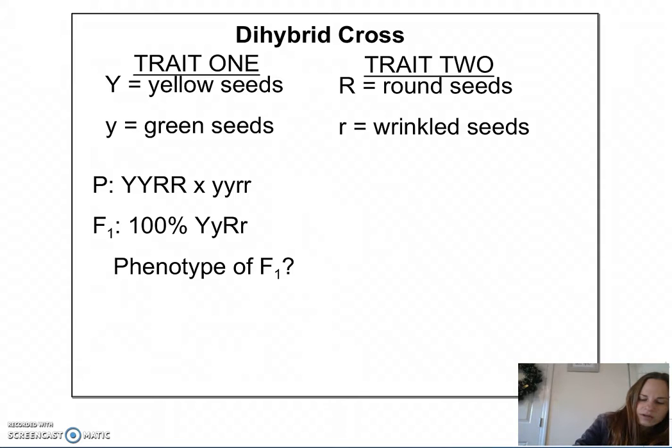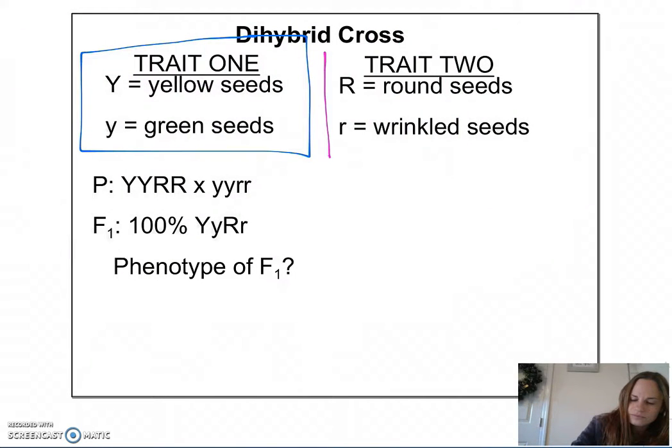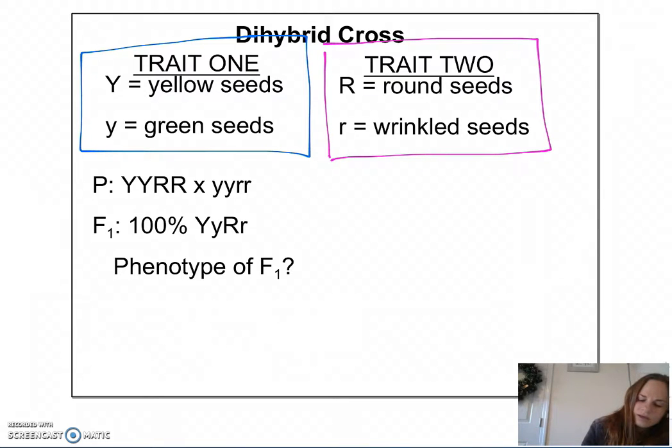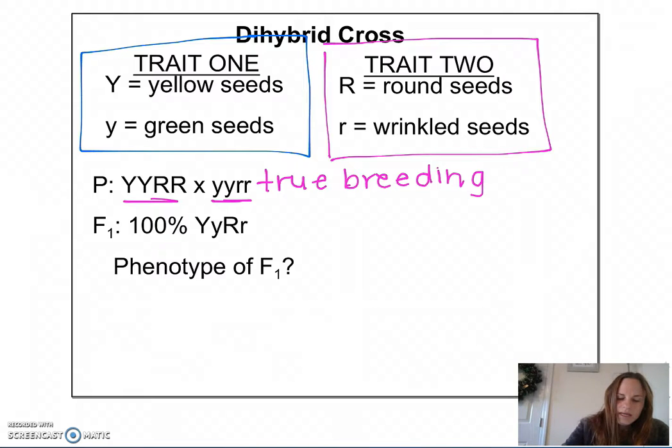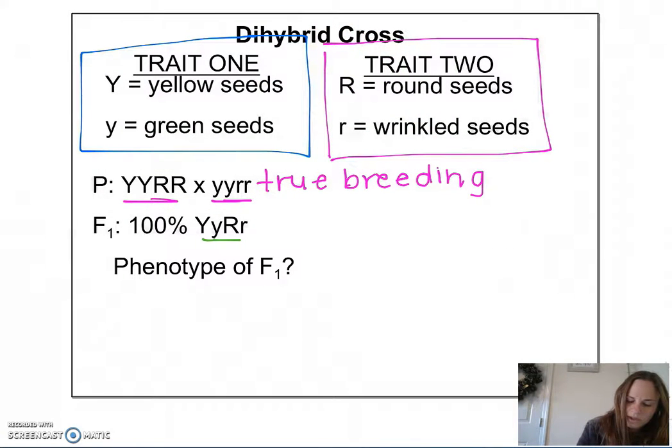So here's Mendel's dihybrid cross, where he looked at two traits. The first trait looked at seed color. The second trait looked at seed shape. So he took true breeding parents, meaning they were homozygous dominant and then homozygous recessive. And what he ended up with was 100% offspring that were heterozygous dominant.